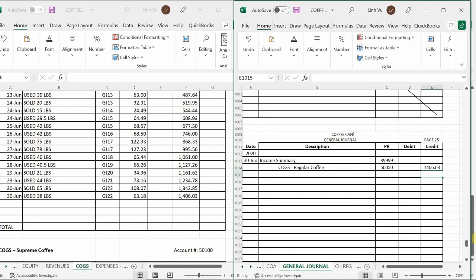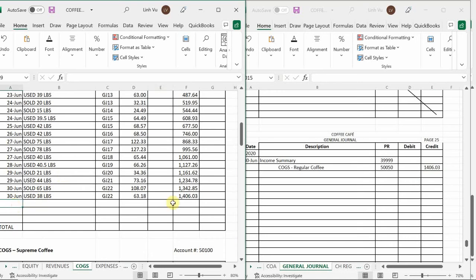And since I'm going to just be going ahead and inserting all of these in at the same time, I'm also going to close it out on my ledger account for the 1406.03. And that should give you an account balance of 0.